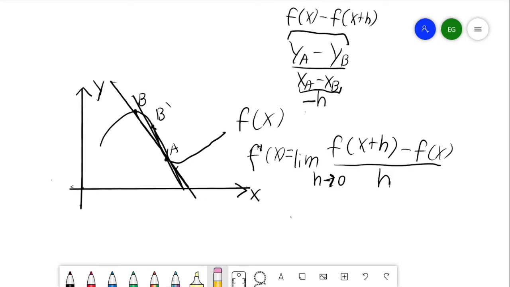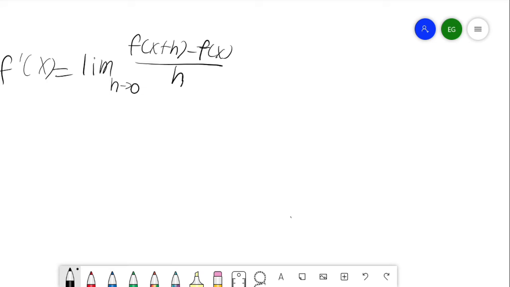Now that we've established the formula for the derivative, let's erase the board, leave this formula, and look at a couple examples. So let's see. Let's look at, first of all, a simple function, a constant function. F of x is equal to, say, 5.